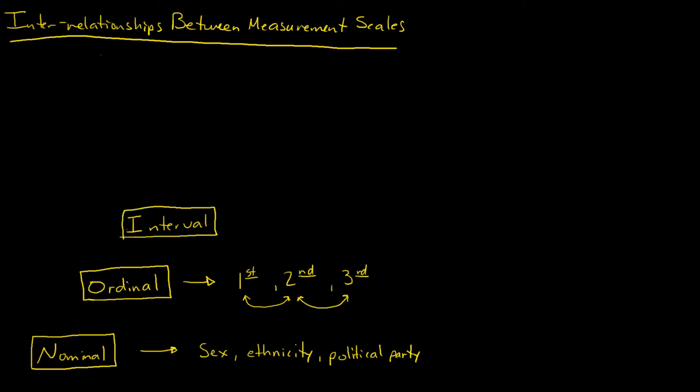And interval level meant that it had equal differences between the numbers, essentially representing equal distances or differences in the variable or the attribute being measured.